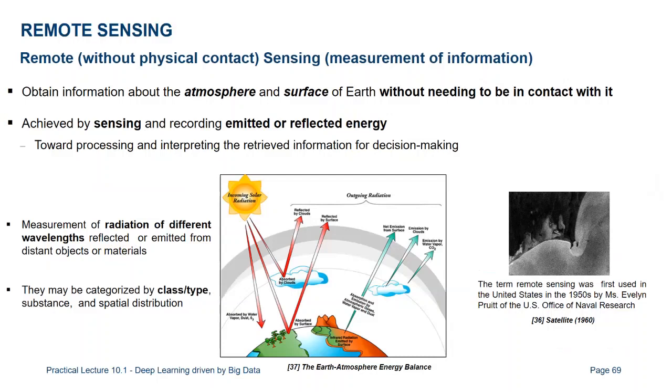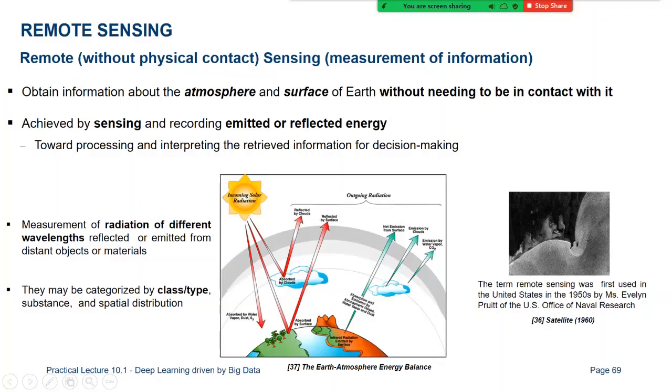My research field is remote sensing, and in a nutshell, remote sensing is every time you perform a measurement without being in contact with the object itself. The easy way to explain this is to show you this example, where you can imagine a satellite above the atmosphere, and this satellite will record the energy which is emitted by the sun and then reflected back by the different objects on the surface.